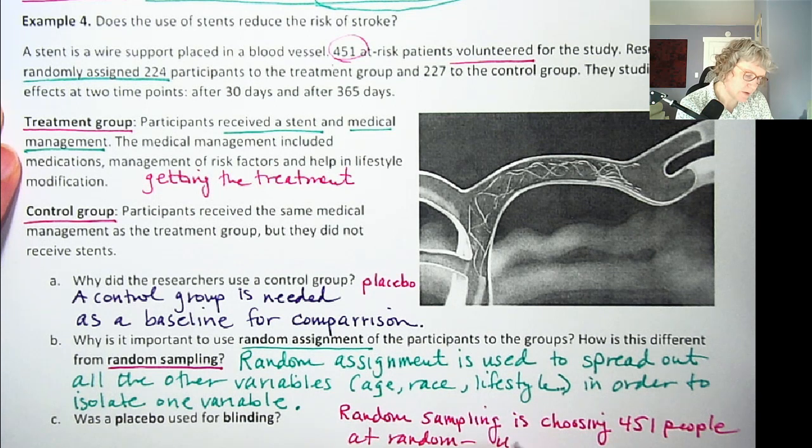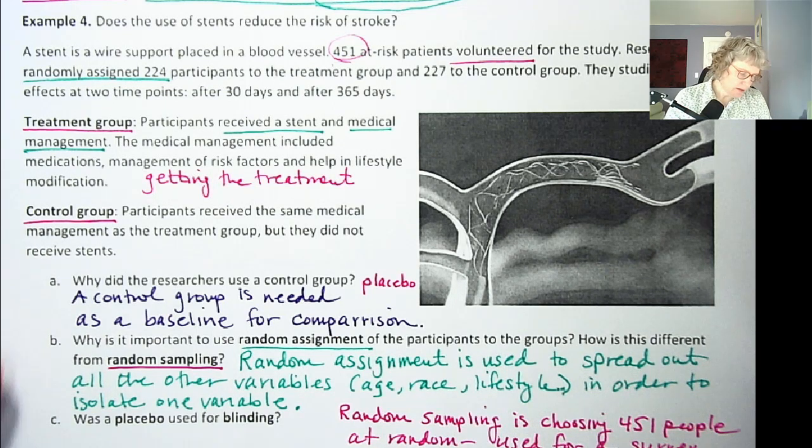This would be used for a survey, or something that's not an experiment. It could be even if someone was looking at medical records to do some kind of study like that and choosing random medical records, but random sampling wouldn't be used for an experiment.